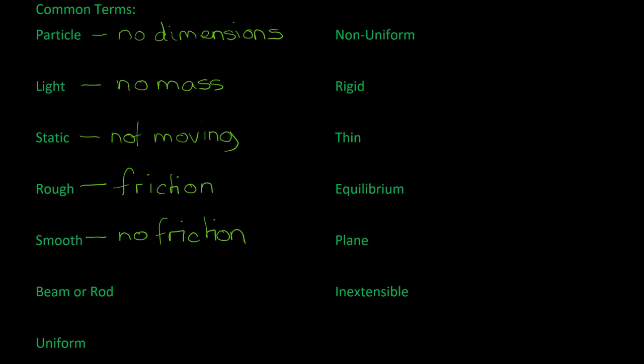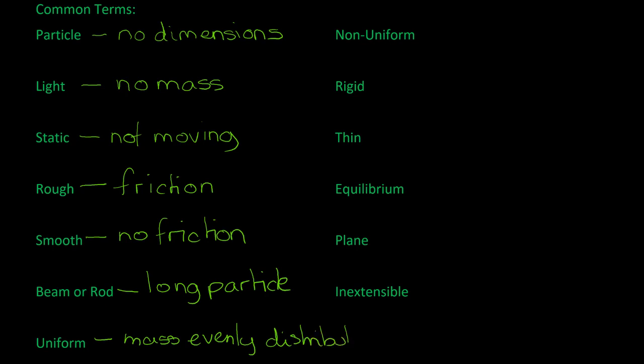So a beam or a rod is just a long particle, and so effectively that makes it just a line. Uniform means that the mass is evenly distributed, which means that the mass will act at the centre of the rod or beam or whatever it is that you're using.